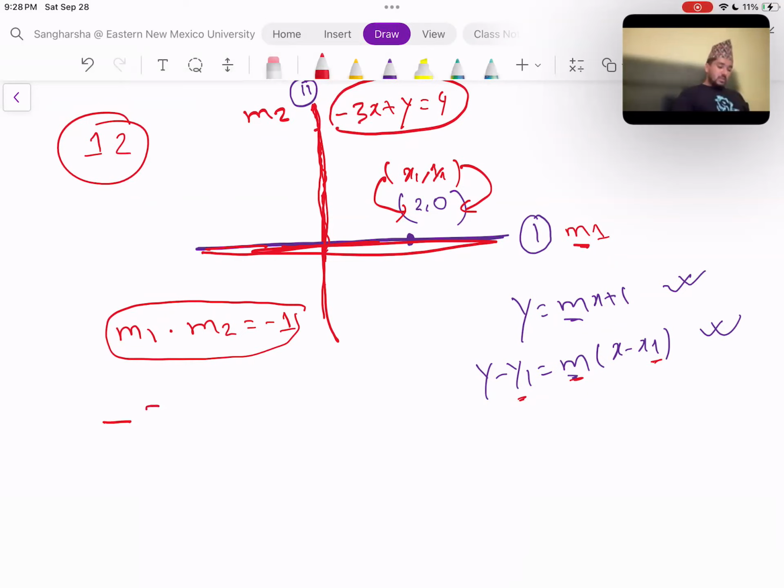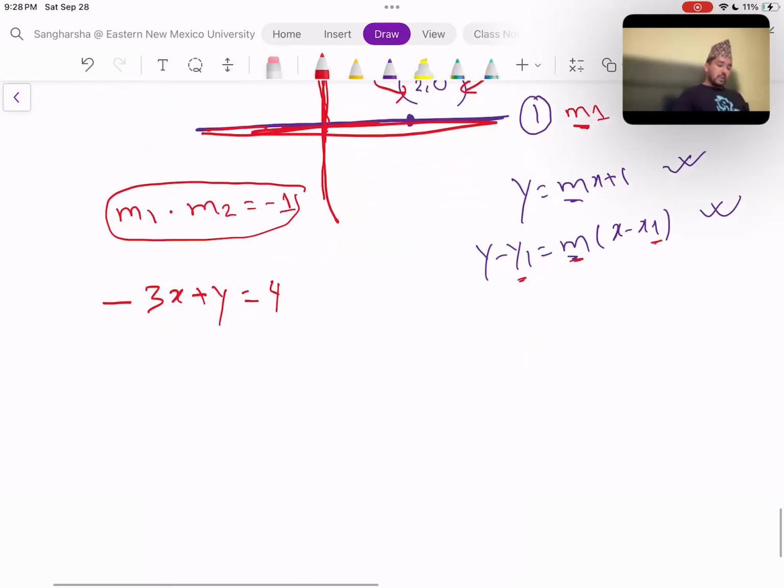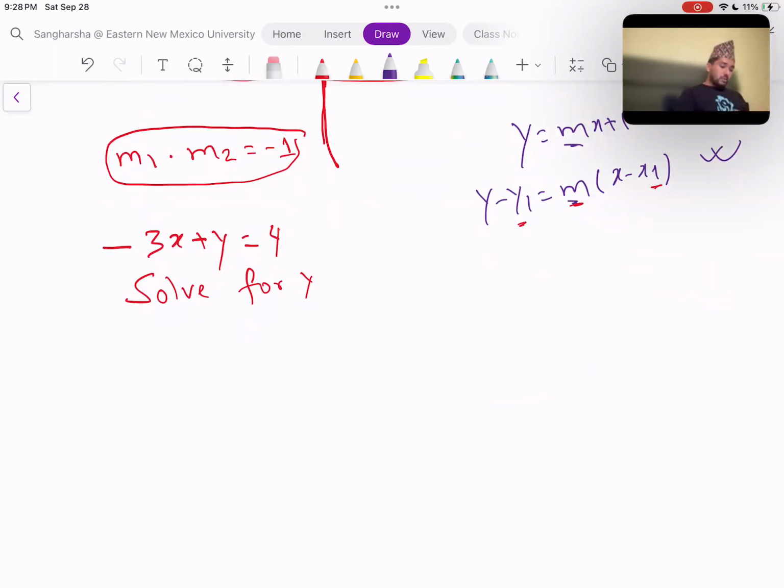Line 2 has equation -3x plus y equals 4. How do we find its slope? We rewrite the equation in slope intercept form, which means we solve for y. To solve, you add 3x on both sides.